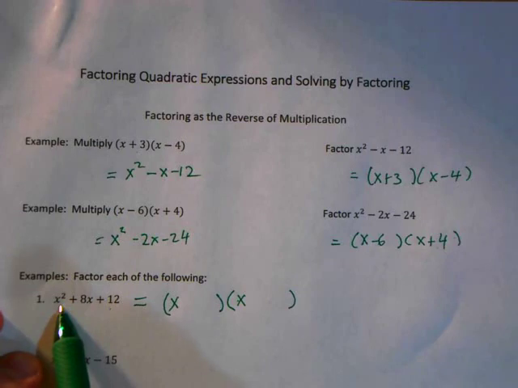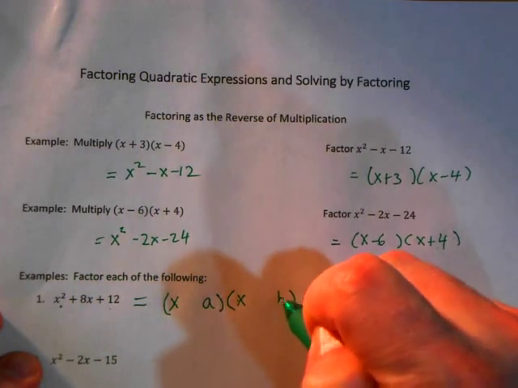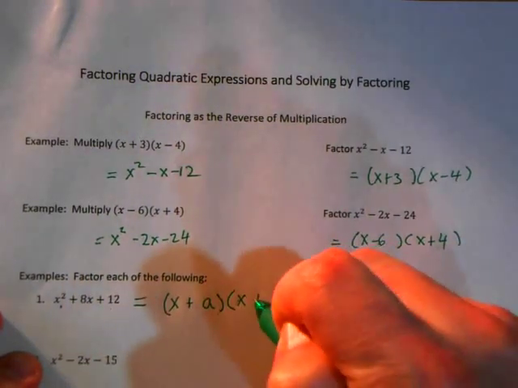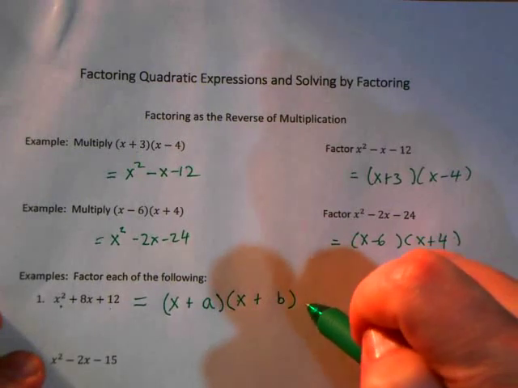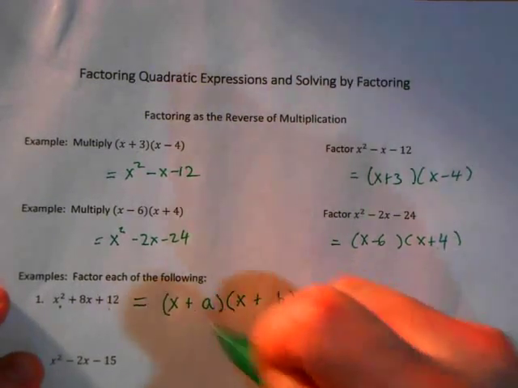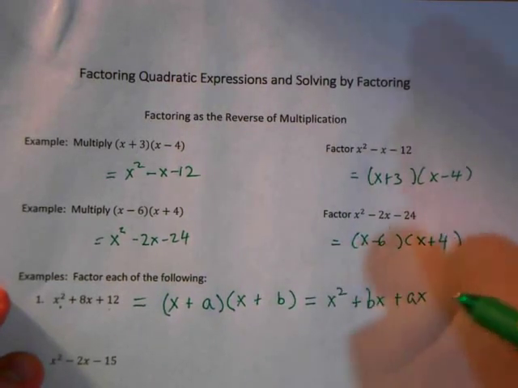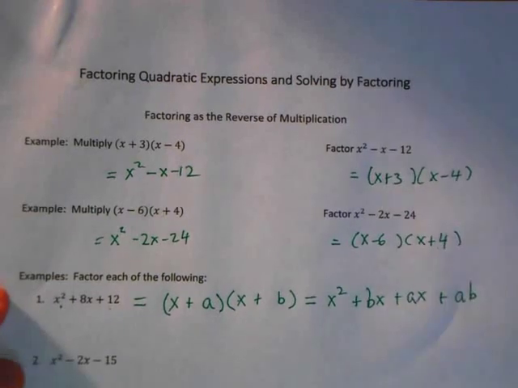Then, what else has to happen? Well, just for a minute here, I'm going to put in just some letters, a and b. And when we multiply, we get x squared plus, on the outside, we get bx, on the inside, we get ax, and on the last, we get ab.